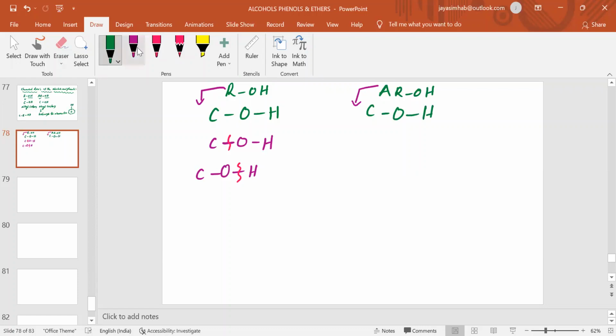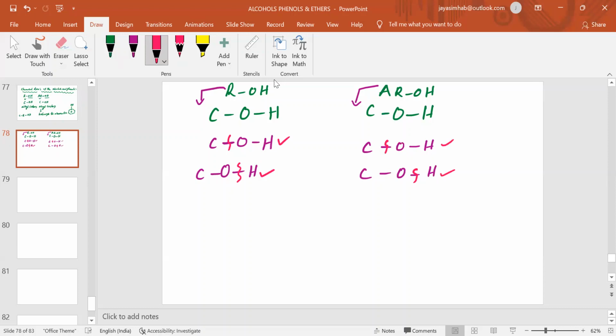Here also the same type of bonds you can see, C-O and O-H. So two prominent bonds are observed, between C and O and between O and H. During chemical reactions, it may undergo cleavage of this bond or this bond.